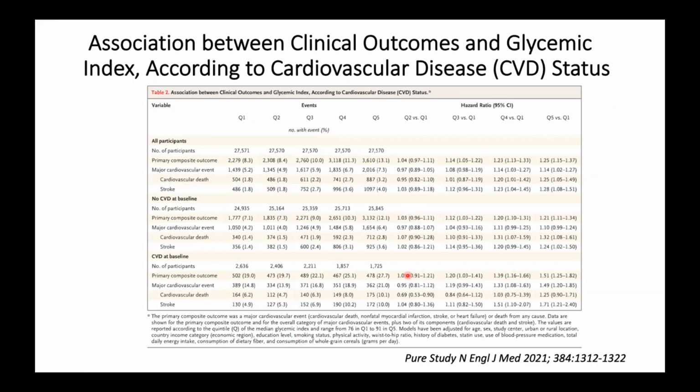And this was a sub-analysis of the PURE study, which was published recently. What it found is that they divided glycemic index into 5 groups depending on the intake of high glycemic index food by individuals. The patients who are taking very high glycemic index food have very high chances of cardiovascular mortality or morbidity.